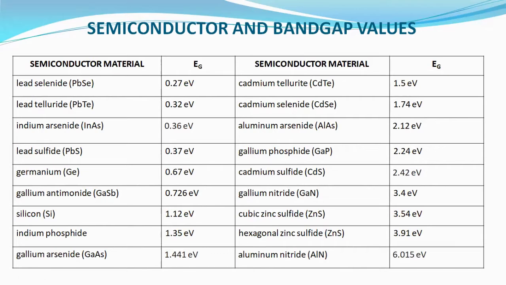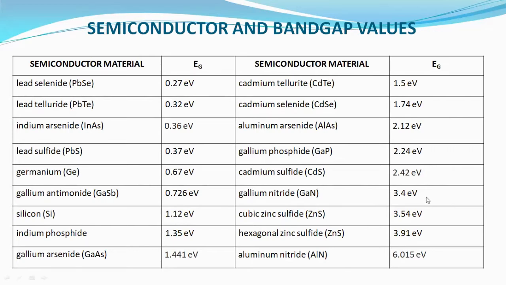I'll tell you why this is very famous in this course. It is 2.24 electron volt. Then cadmium sulfide, it is 2.42 electron volt. Then gallium nitride, it is again a very famous, wide bandgap semiconductor material. It is 3.4 electron volt.